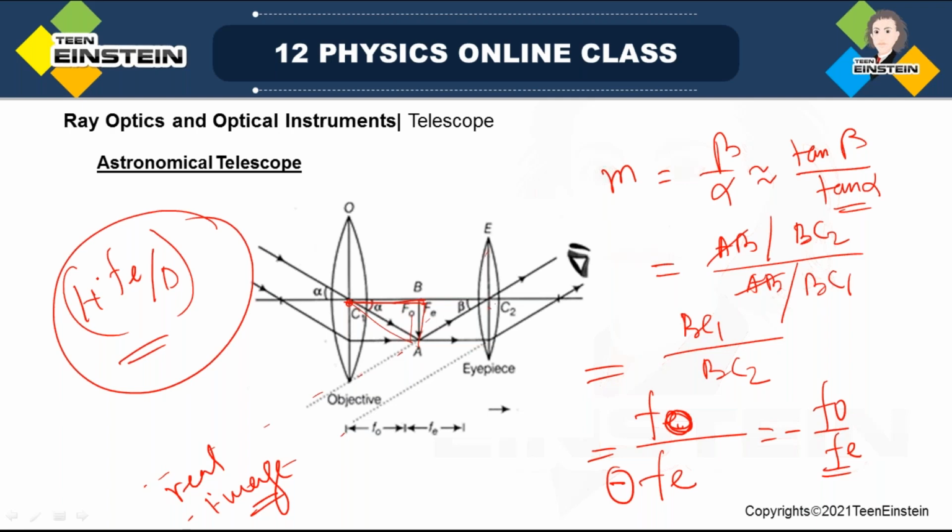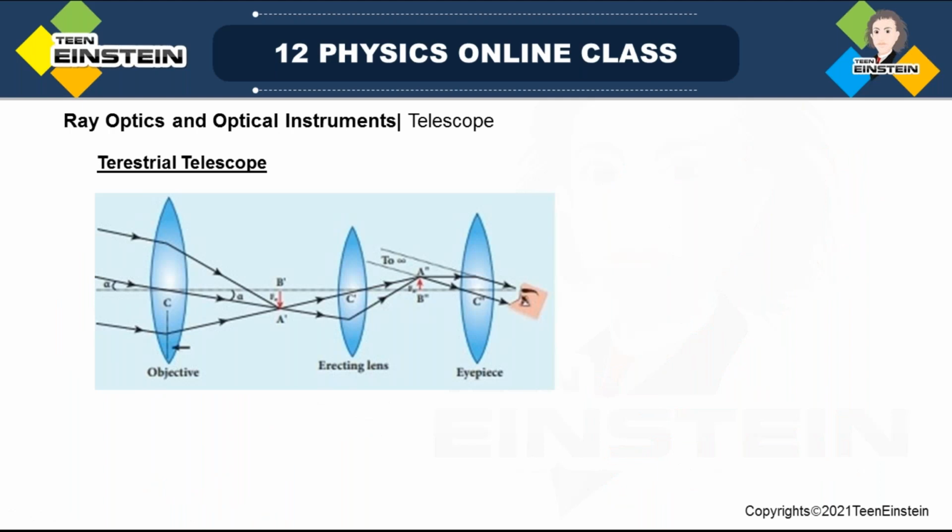Now I'll quickly discuss the terrestrial telescopes. We use terrestrial telescopes for viewing objects on the Earth's surface itself, so we need to see an erect image. Otherwise, we cannot get an idea about the real objects.